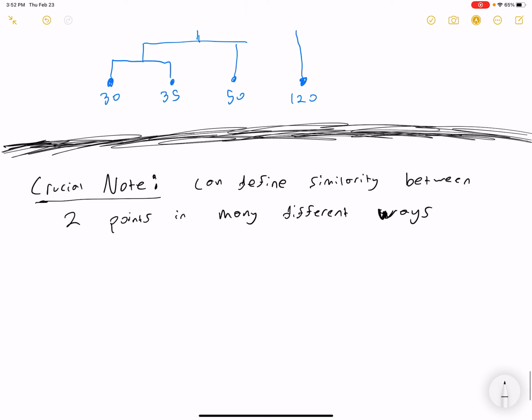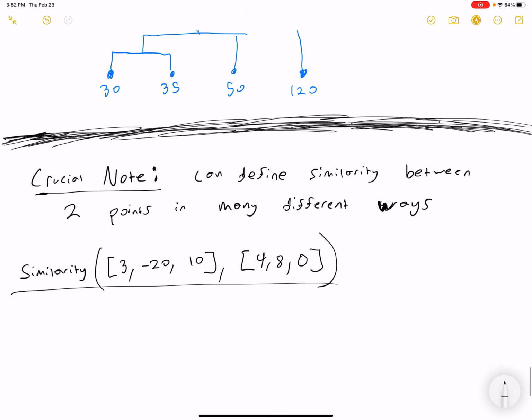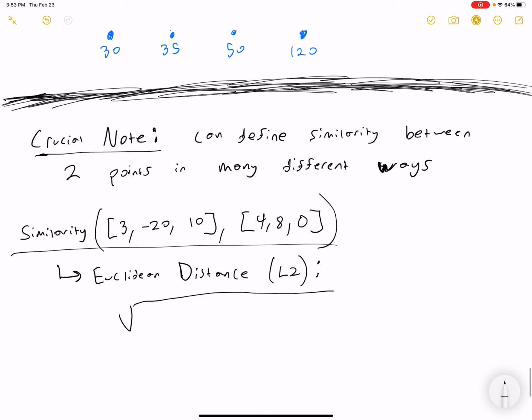So for example, if we want the similarity between 2 vectors or 2 data points, which happen to be vectors, as data points are always vectors, by the way, in machine learning, we can take what we would normally think of as the distance formula, the Euclidean distance, and specifically this is L2 distance, which is just the distance formula.